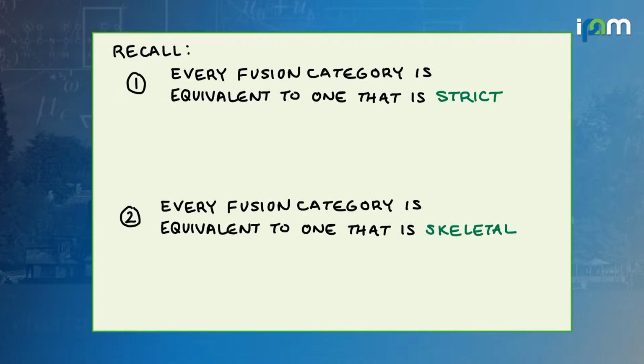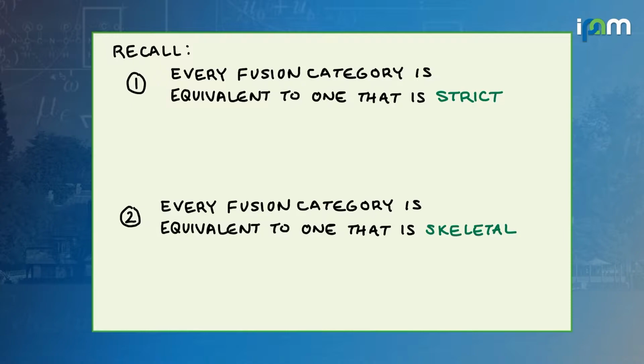So I want to go all the way back to fusion categories, which we started the morning with. And we didn't really talk about what it meant to have a strict fusion category, but starting with a fusion category, I want to say that there are, to oversimplify things a bit, two main tools that we use. One is to use the fact that every fusion category is equivalent to one that is strict.